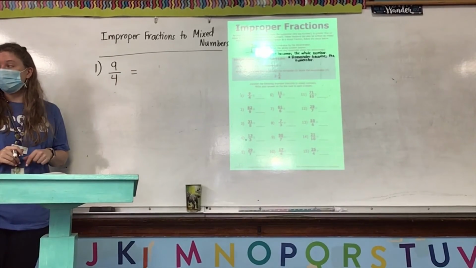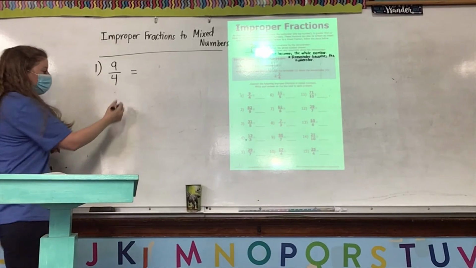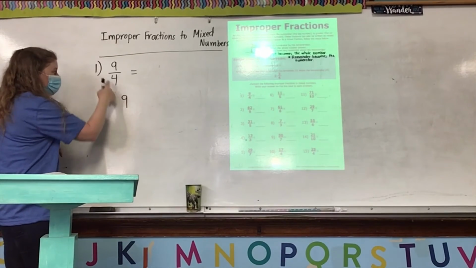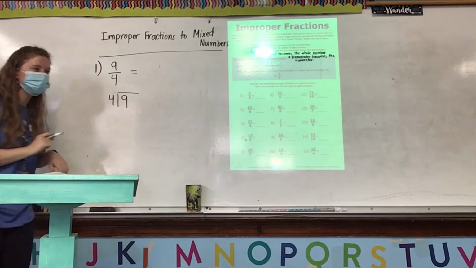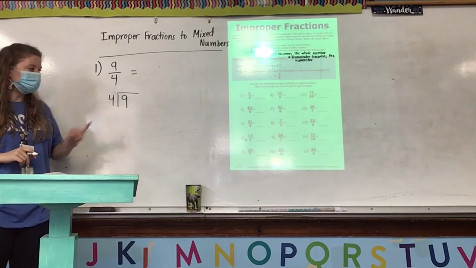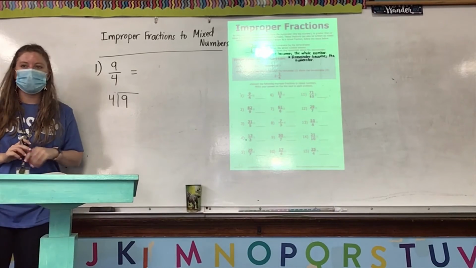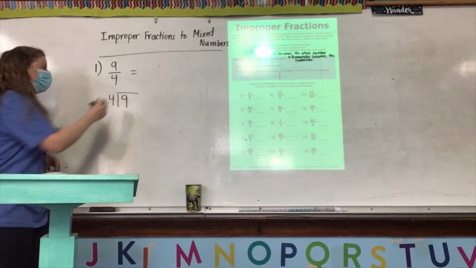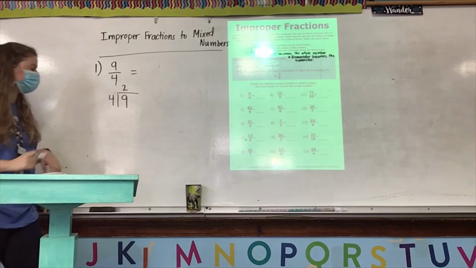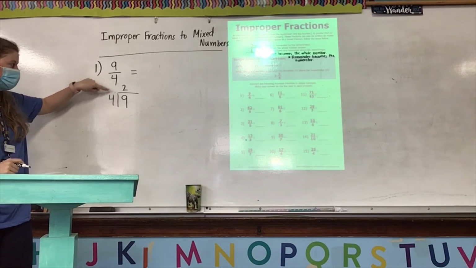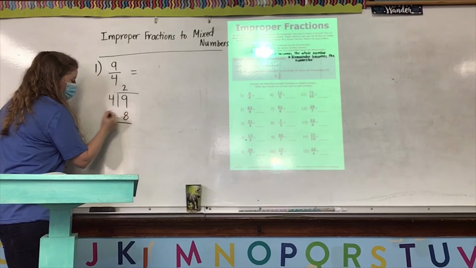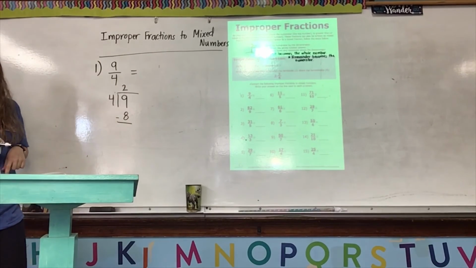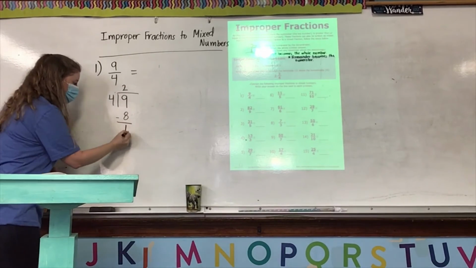Step 1, divide the numerator, the larger number, by the denominator, the smaller number. Class, 4 goes into 9 how many times? 2 times. Class, 2 times 4 is 8. Class, 9 minus 8 is 1.